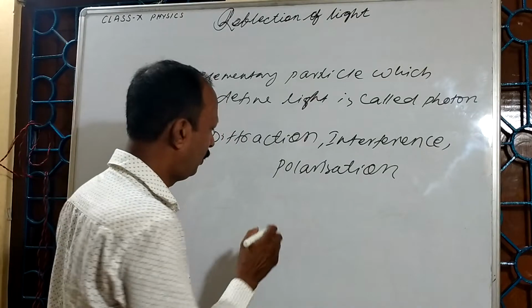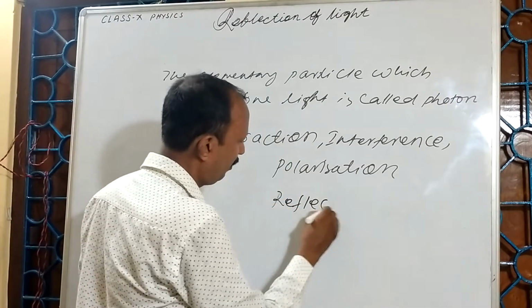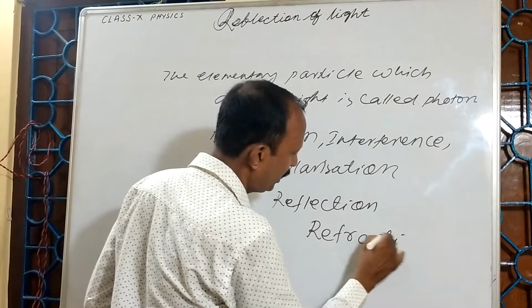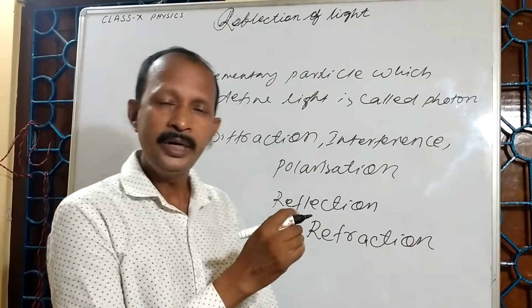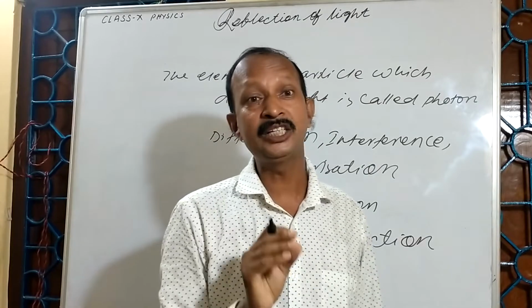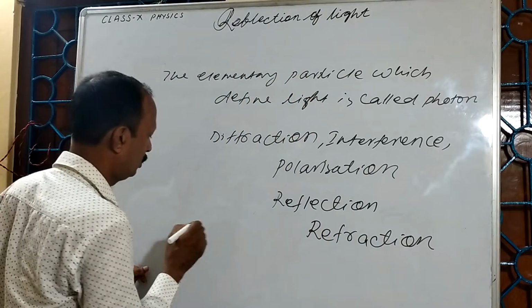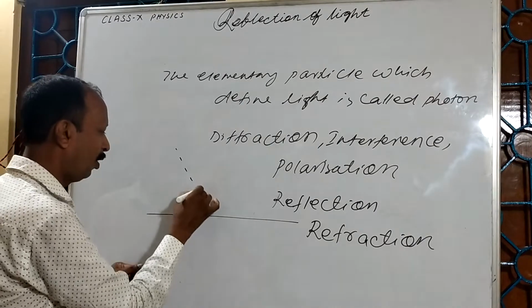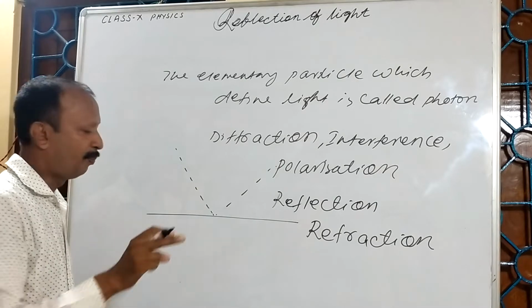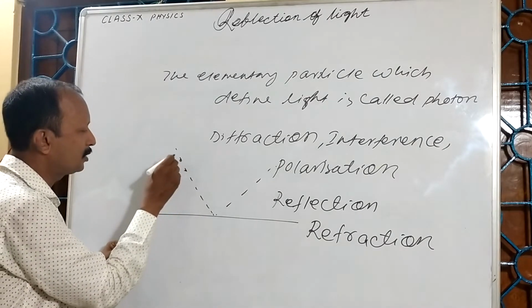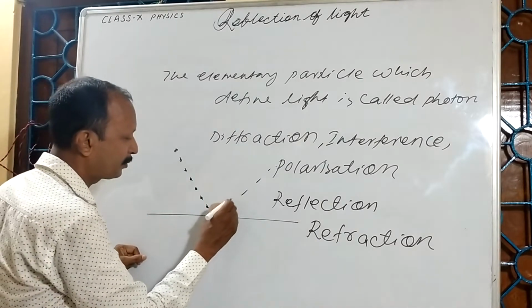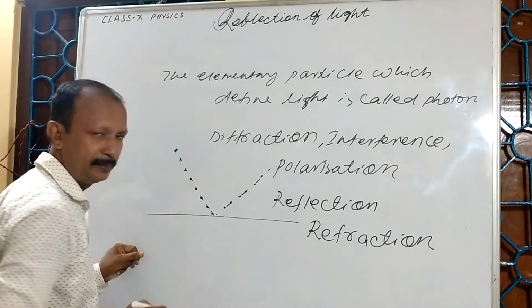Similarly, in the case of reflection and refraction, we take the help of the particle nature of light. Suppose this is the wall and you are throwing a ball. After hitting the wall, the ball goes back to the same medium. Suppose this is a rubber ball you are throwing towards the wall; after hitting the wall it goes back to the same medium.